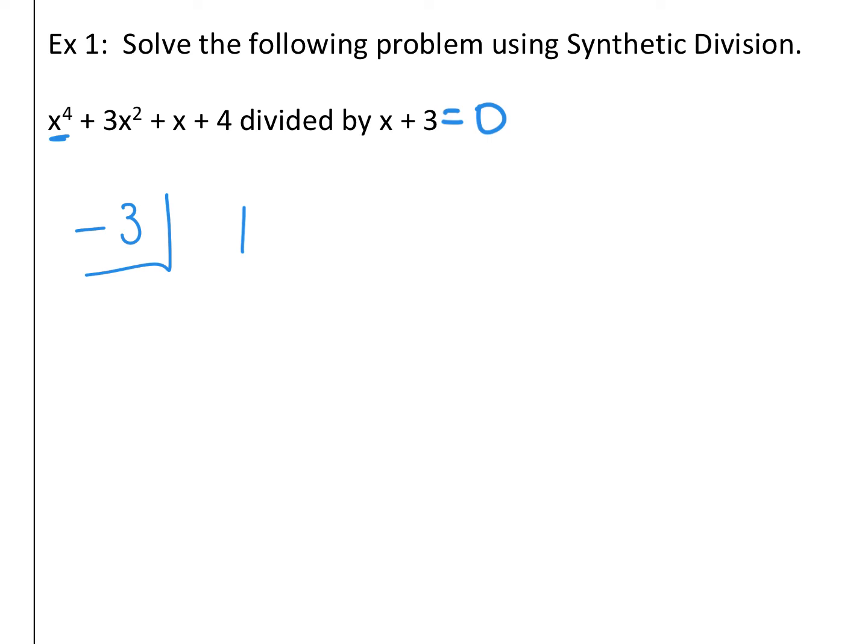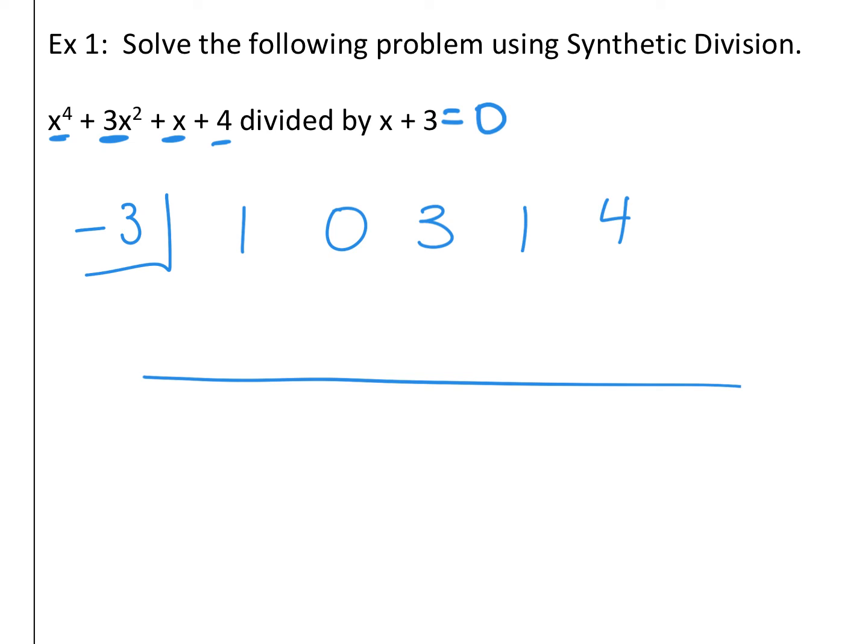Do you see one? No. So what needs to go there? A 0. Okay? Then would come x squared. Do we have a number there? What is it? Then would come x to the first, which is 1, and nothing. Just a constant, which would be 4. Leave a little space and draw a line.